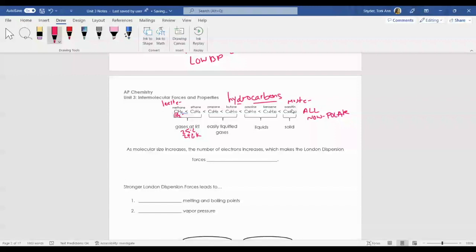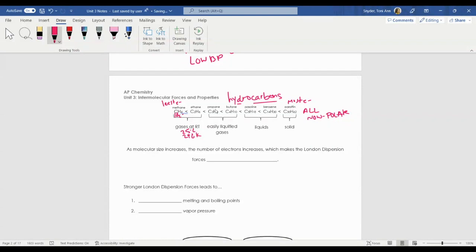We're able to account for trends as they increase with the number of electrons. So methane and ethane don't have that many electrons. These are gases at room temperature. Methane molecules and ethane molecules do not attract one another as strongly as propane and butane. So butane you can find in lighters, and propane you can find when you fill up your grill, in propane tanks.